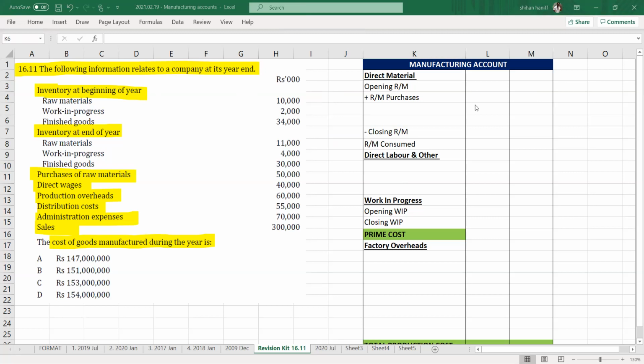Okay, so inventory at the beginning, raw material, it's 10,000. Work in progress, opening is 2,000. Closing work in progress is 4,000.